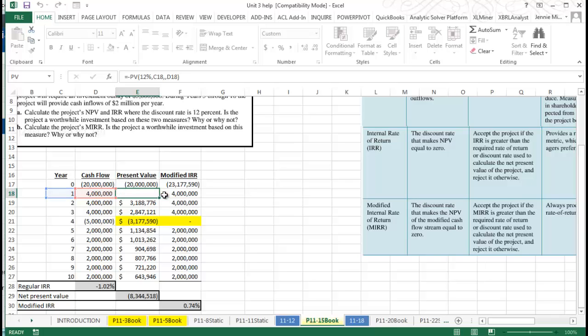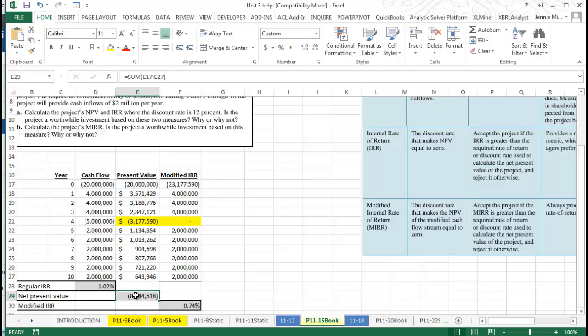Each time, you'll see C19 and C20 and so on. Each of these refers to the number of periods when you're using the present value factor. As I go through this, you'll notice these are positive, then we have a negative one, and so on. And then down here, all I did was total the net present value.